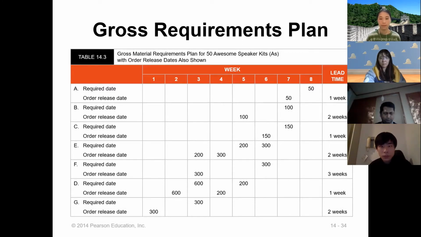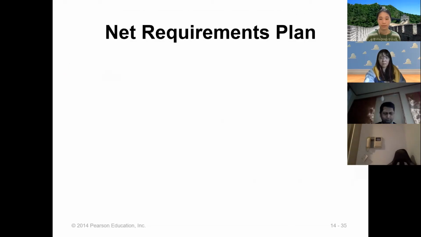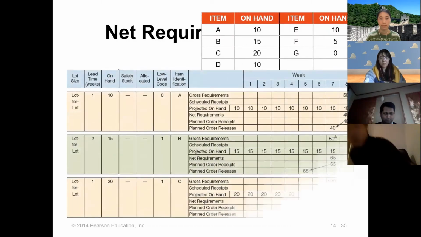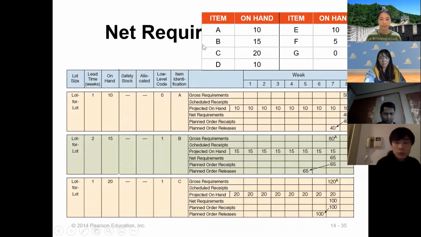Then we can talk about the net requirement. Net is after you reduce the stock in hand.